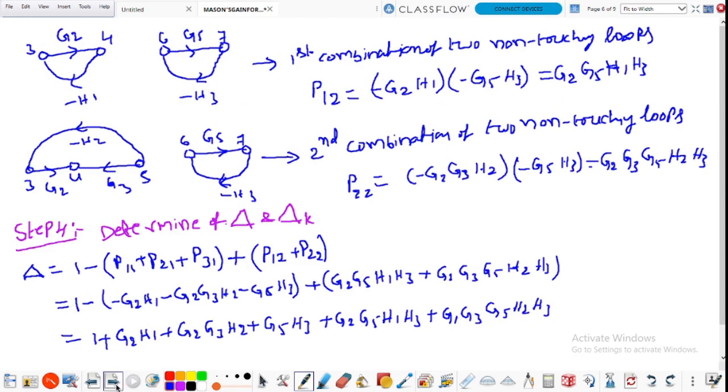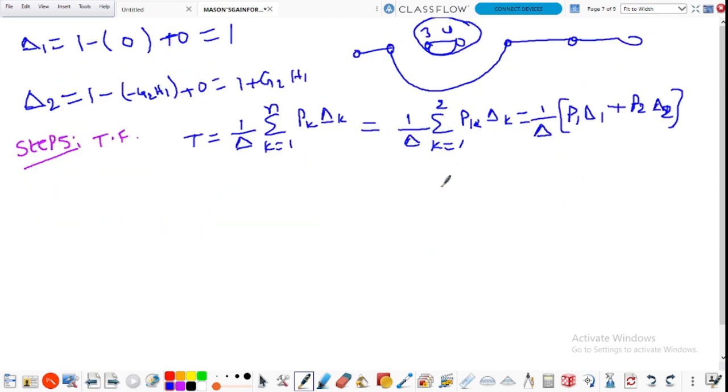And substituting all these values into this equation, we get the transfer function capital T is equal to P1. What is P1? P1 is the first forward path gain, G1, G2, G3, G4, G5, into delta 1. What is delta 1? 1, into 1, plus P2. What is P2? Second forward path gain.